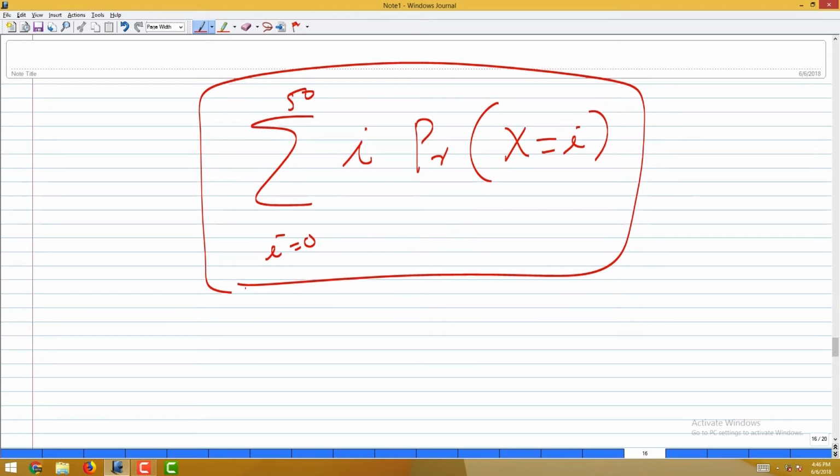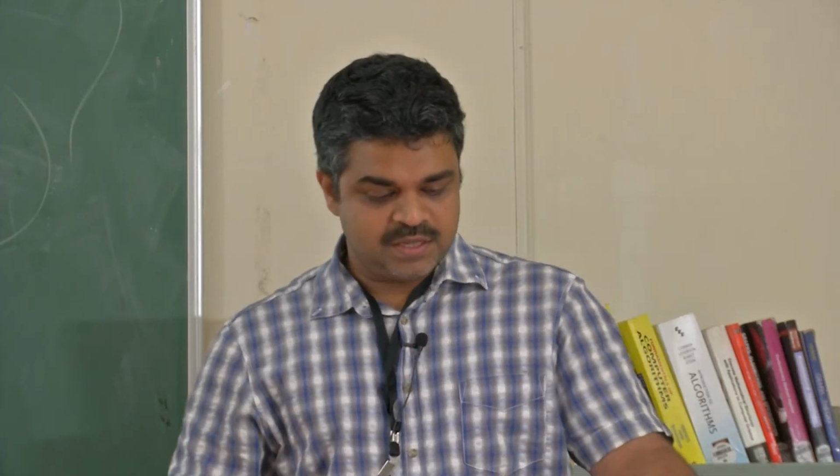I sometimes expect half students to get things like that. But this is the formula. Because we know that i students will be there with this kind of probability, we are finding a weighted average of that, weighting by the probability of each i coming. So, that is the expected number.